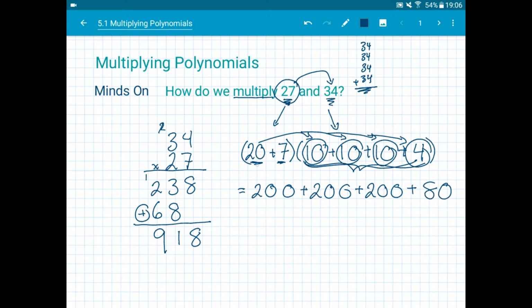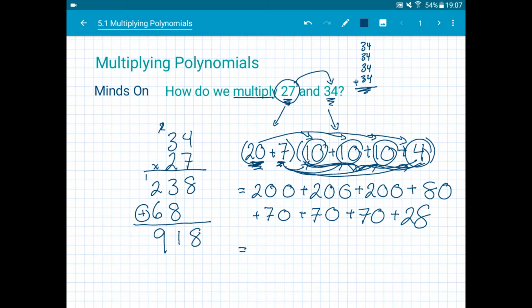Now, that's only 20 34s, though. We also need 7 34s. So 7 10s, 7 more 10s, now we have 27s. 10 more, and that's 37s, and 4 more 7s would make 34 7s, or 7 34s. So now we're going to add on 70, plus 70 more, plus 70 more, plus 28.